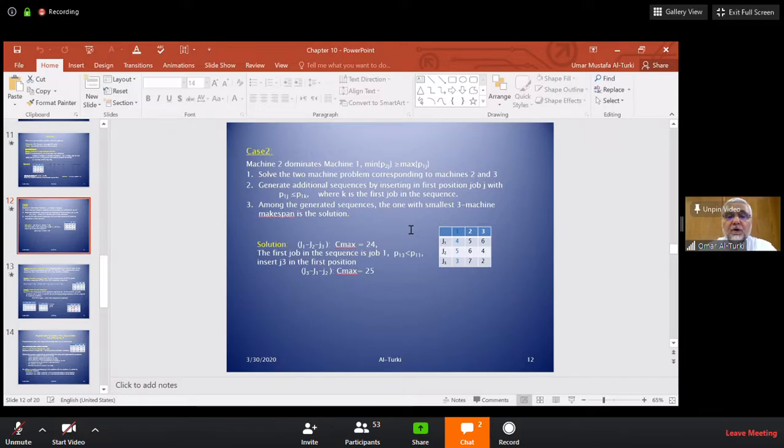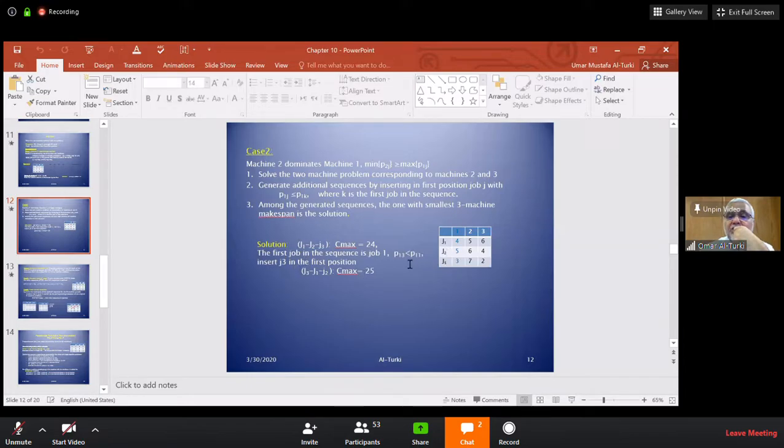Okay? Now, you check the first job in the sequence. The first job in the sequence that we got is job 1. Processing time P13 is less than the processing time of job 1, P11. You compare job 2 and job 3 with the processing time of job 1.